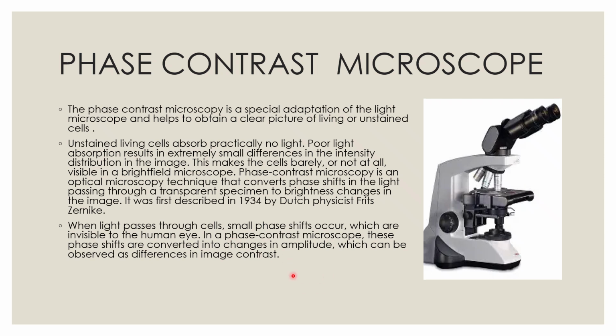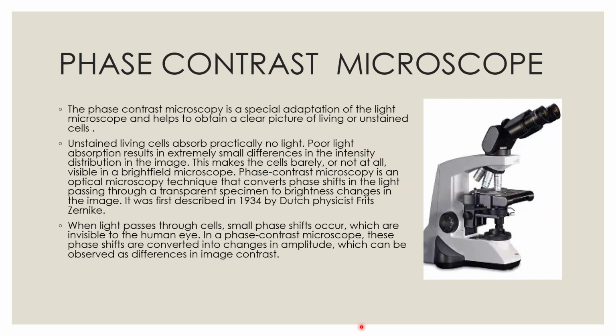Here we studied that in the dark field microscope we use just a single extra component, which was called the annular ring. Whereas in this phase contrast microscope we use a special condenser and objective lens with a phase plate to convert these phase differences into visible differences in brightness or amplitude.